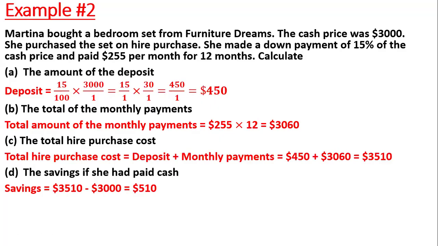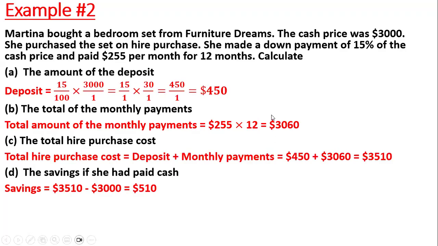Yes, sure. Very good. Now we want the total amount of the monthly payments. Every month, how much is she paying? 255. Very good. And for how many months? 12 months. So 255 multiplied by 12 gives us 3,060. Very good.